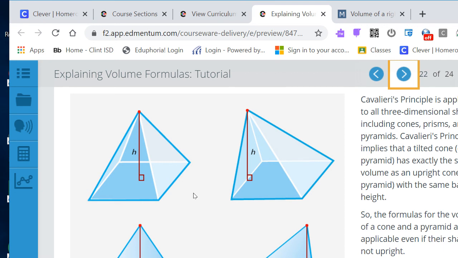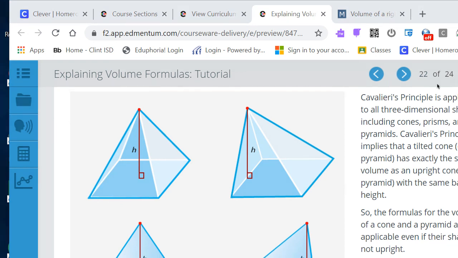Just like the oblique cylinder, if the pyramid has the same base as this pyramid, and they share the same height, this pyramid is a straight pyramid, this one is slanted, it does not matter. As long as the base is the same and the height is the same, both of them will have the same capacity. They're going to hold the same volume.